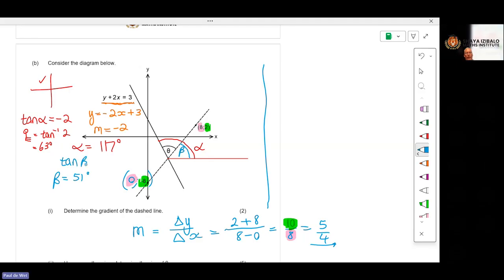Okay, and what's the gradient? Well done. That's the gradient, guys. That's the gradient of this line, and that's what we just calculated in the first part. Now, well done. What's the size of theta now?